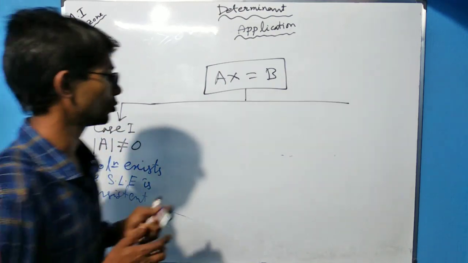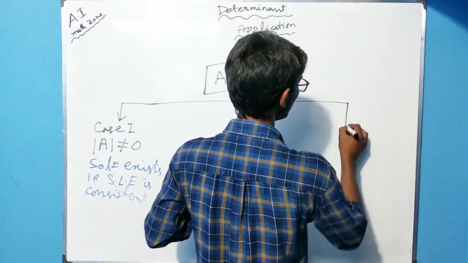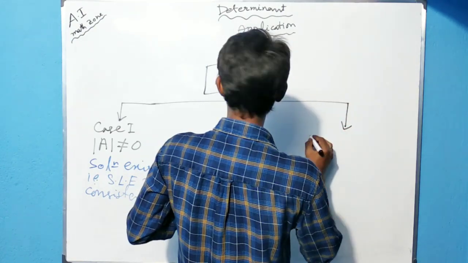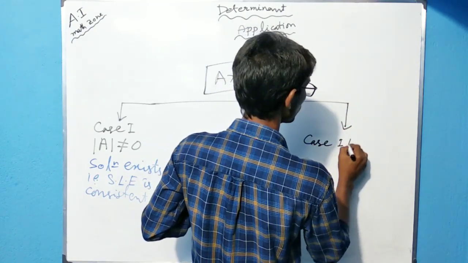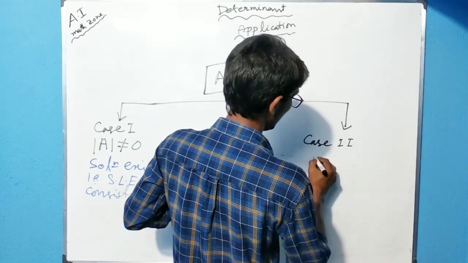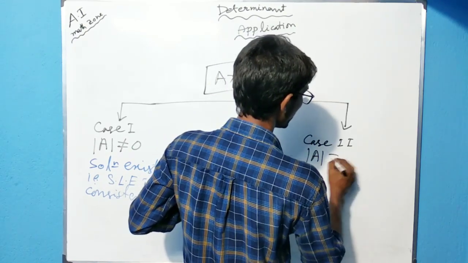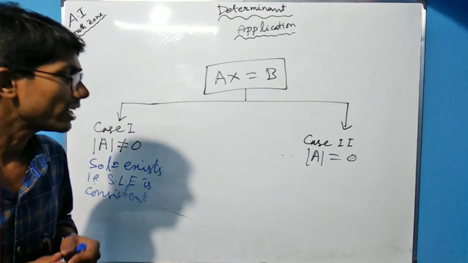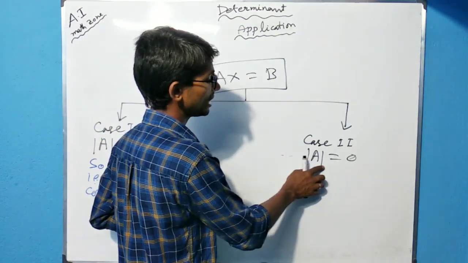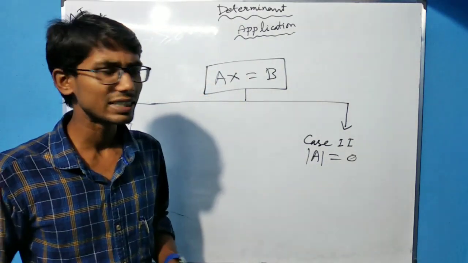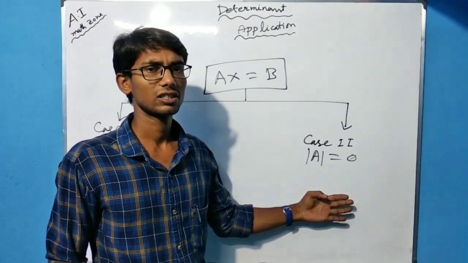Right? Now case 2. Case 2 में क्या हो सकता है? Case 2: determinant of A is equal to 0. So whenever the determinant of A is 0, then you can't say that the system is inconsistent, right?